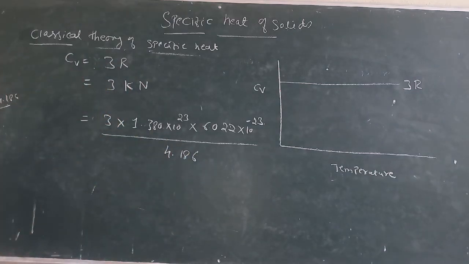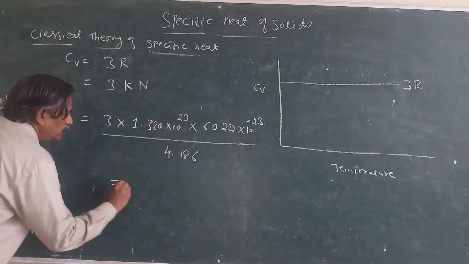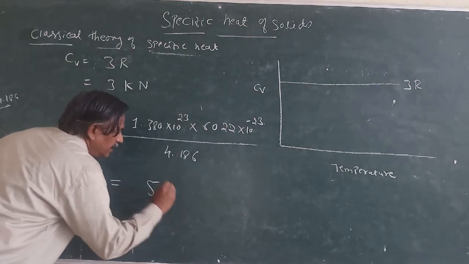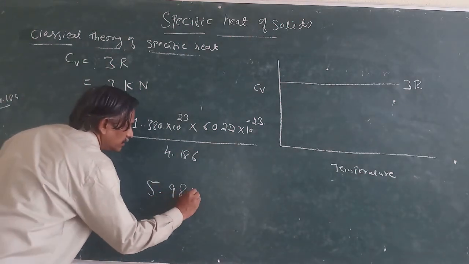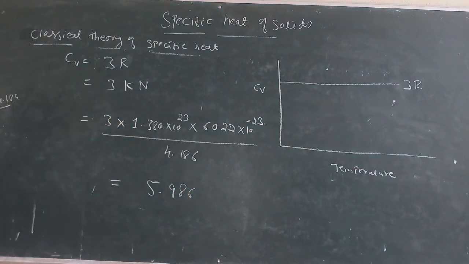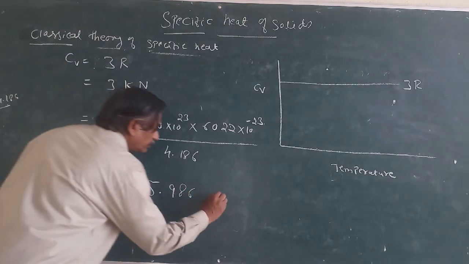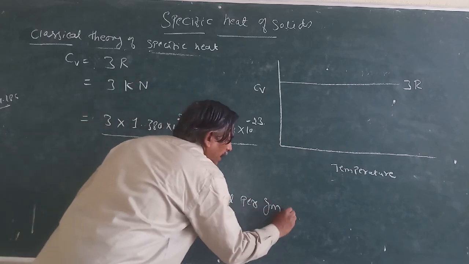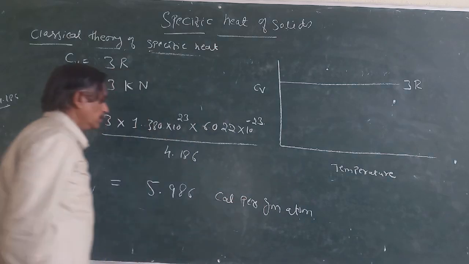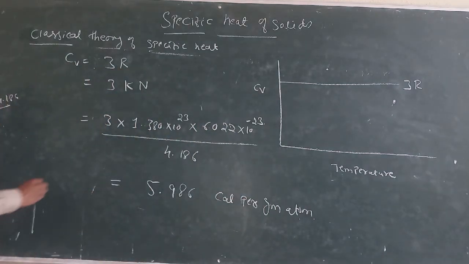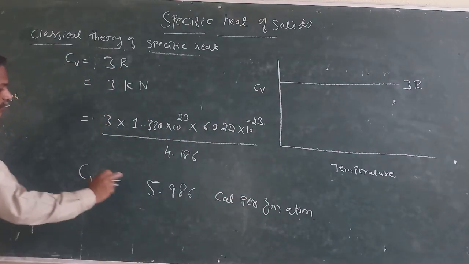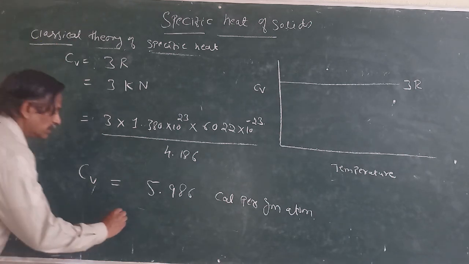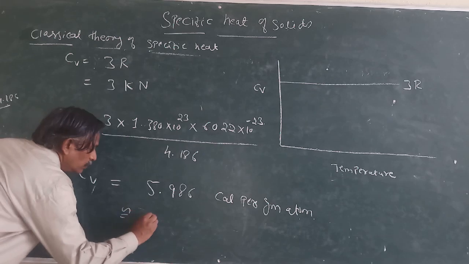When we do all this, it comes to something like 5.986 calories per gram atom. So Cv is approximately equal to 6.